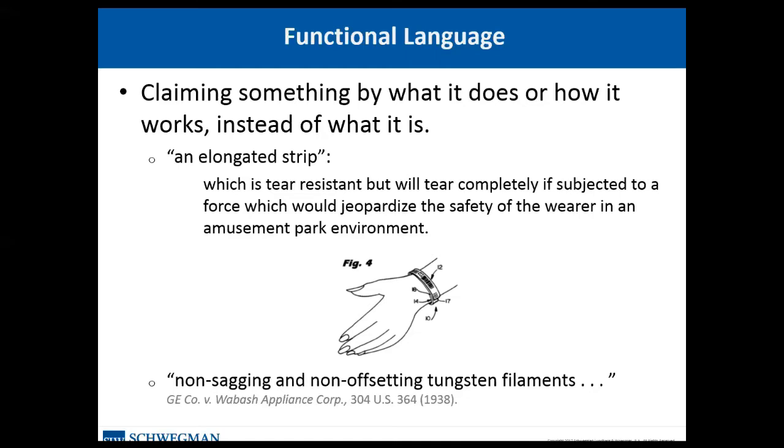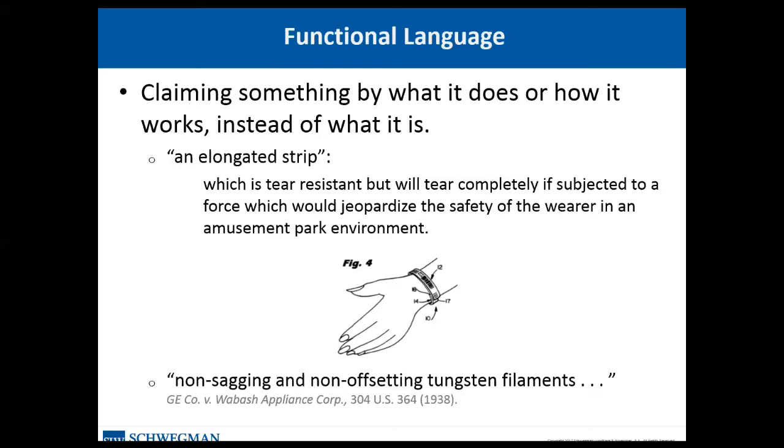For example, an elongated strip, which I think everyone's familiar with who has gone to an amusement park. The functional part of this is the little paragraph here, which tells you that it is tear resistant when it is subjected to a force that would basically jeopardize the safety of a wearer in an amusement park environment.